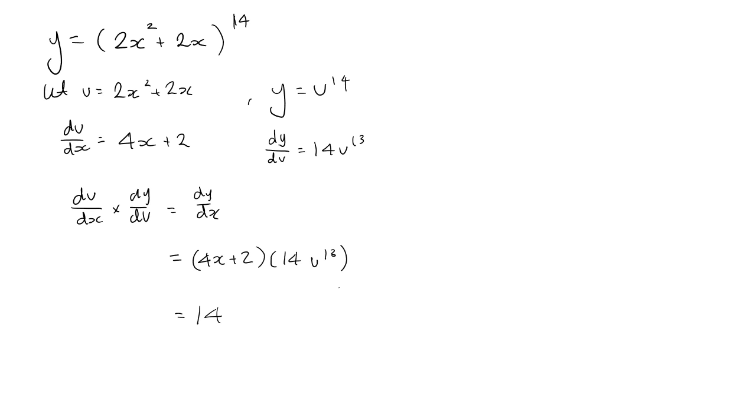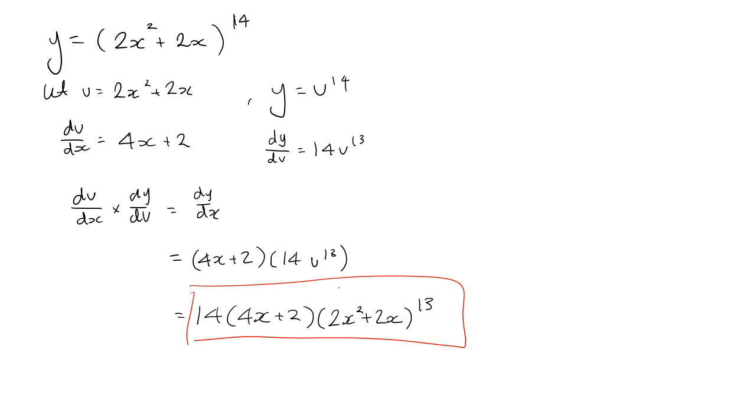So we get 14 times 4x plus 2. And now we have to resubstitute the value of u into u to the power of 13. So we get 2x squared plus 2x to the power of 13. And that would be the derivative function of y equals 2x squared plus 2x to the power of 14.